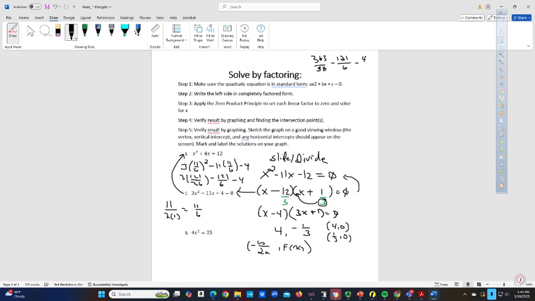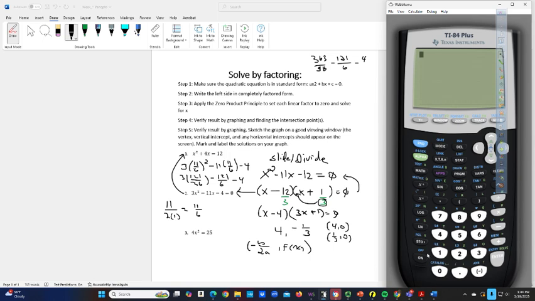Now for me to add and subtract fractions, I just need to come up with a common denominator, which at this point I'm just going to use my calculator. So I'm going to say, okay, what is 363 divided by 36, minus 121 divided by 6, minus 4.